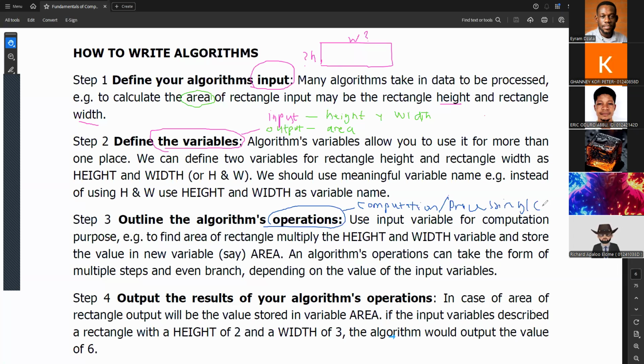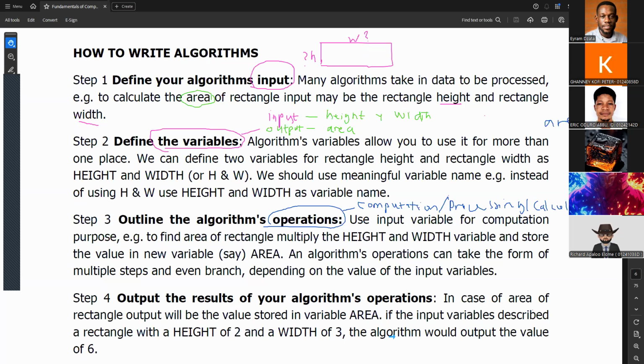Another word you see is the calculation. Basically, this part of your algorithm has to do with the formula that is given. When you want to find the area of a rectangle, it is given by the height times the width.